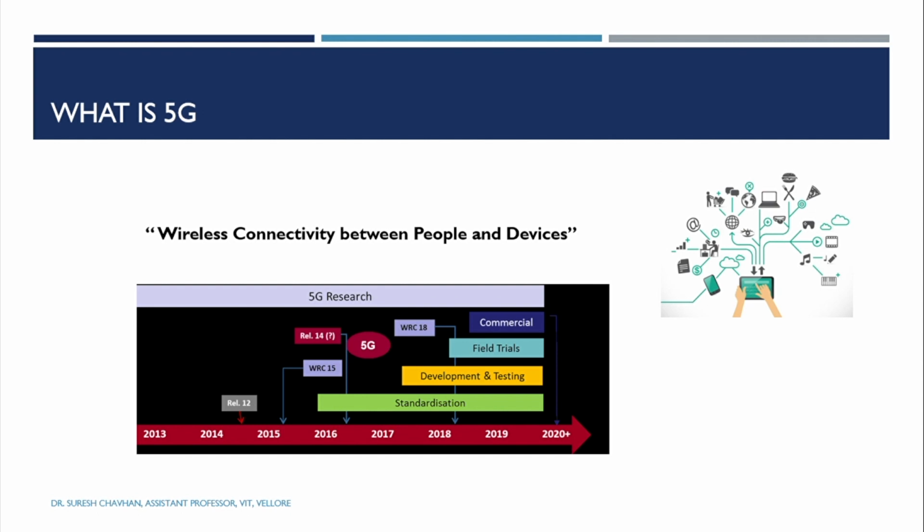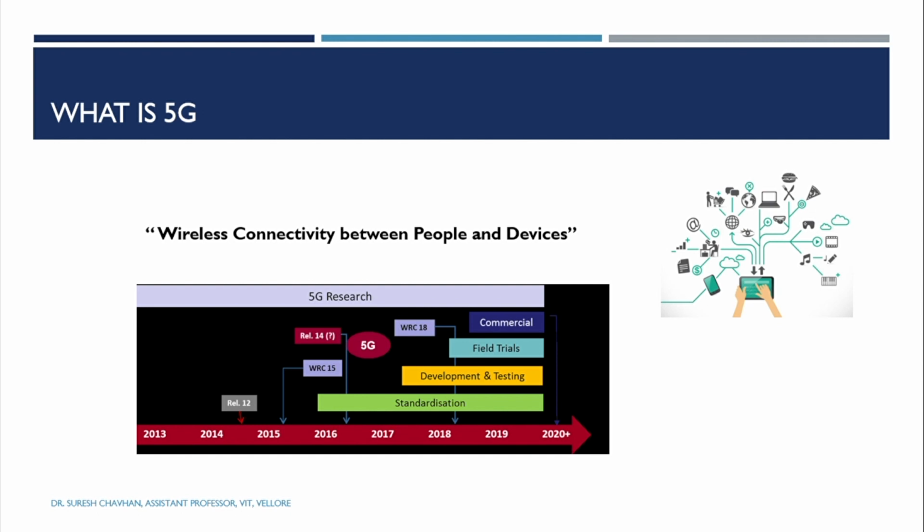Once the standardization is made public, we need to prove it. For example, for V2X we need a standard protocol that we call IEEE 802.11p, which uses the 5.9 gigahertz frequency.